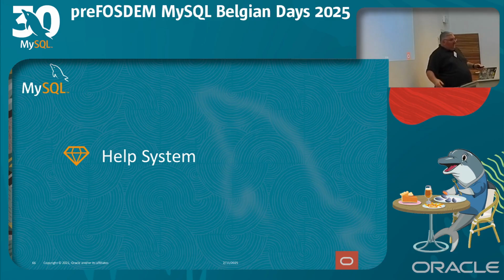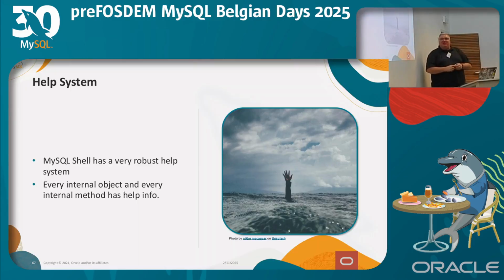The help system. The help system in MySQL Shell is amazing. There is so much information in there. It has information about every internal object, every internal method, every SQL call that you have a question about, MySQL functions. You can get all that help information from shell.